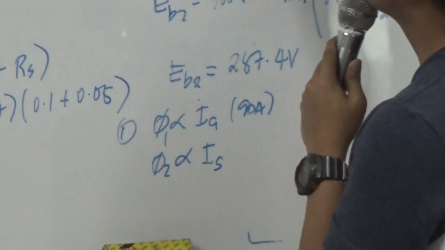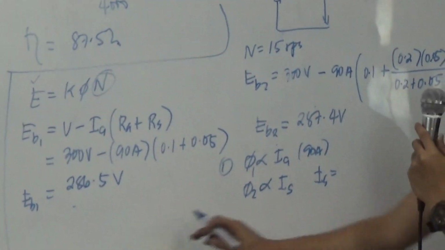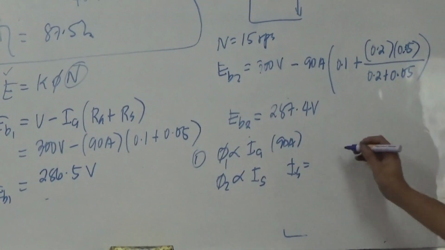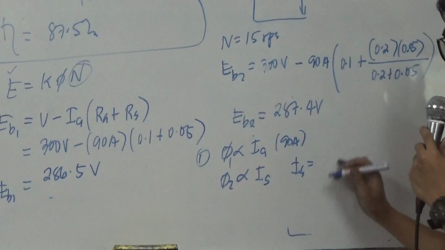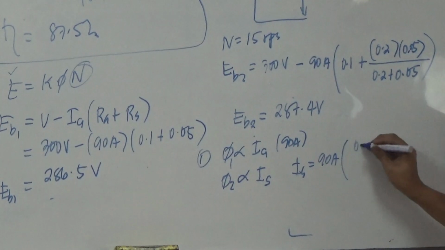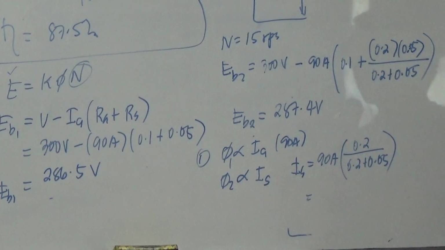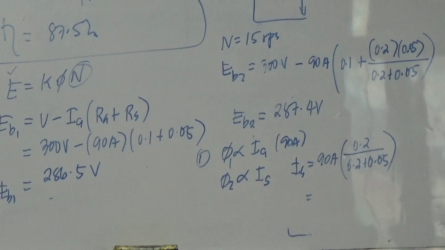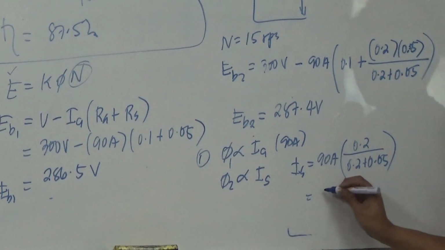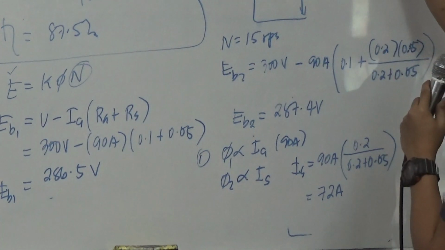Hanapin muna natin yung IS. So using current divider principle, that will be 90 amperes multiplied by 0.2 divided by 0.2 plus 0.05, which is 72 amps. Okay.